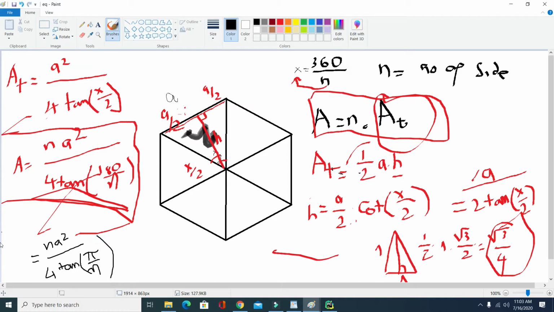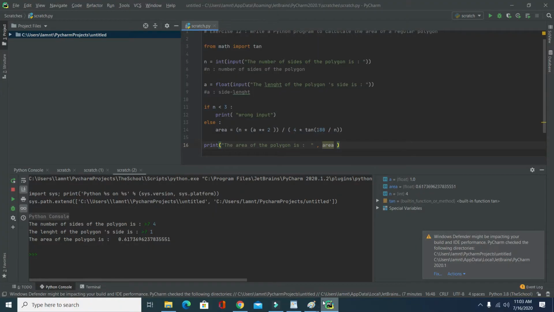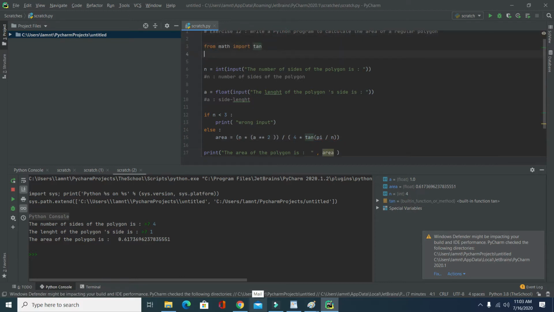Yeah, that's the formula. So let's use pi, and I'm going to have to import pi from math. Okay, and that's it. Let's run.